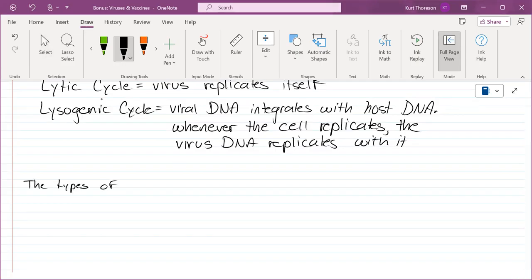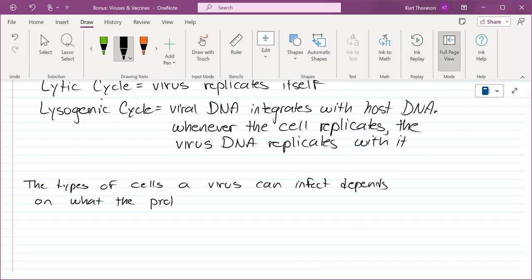The types of cells a virus can infect depends on what the protein spikes are capable of entering.